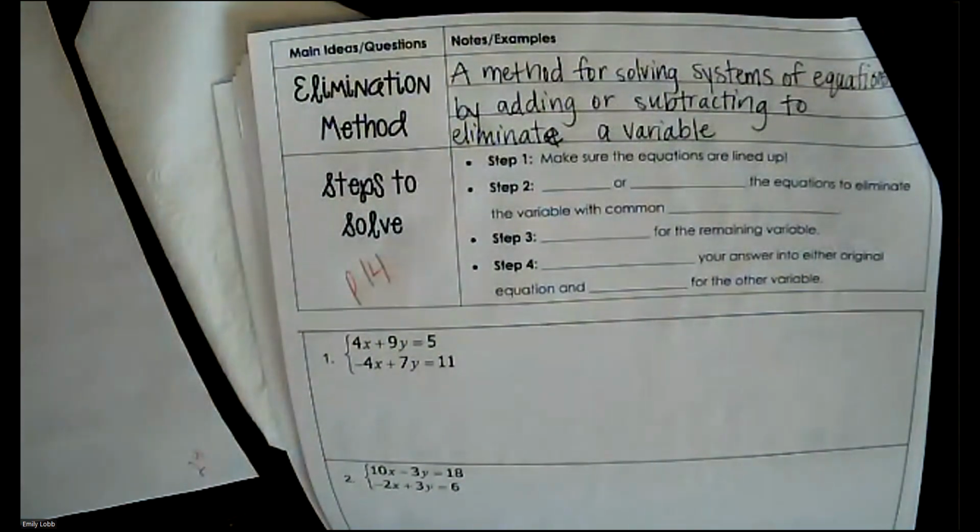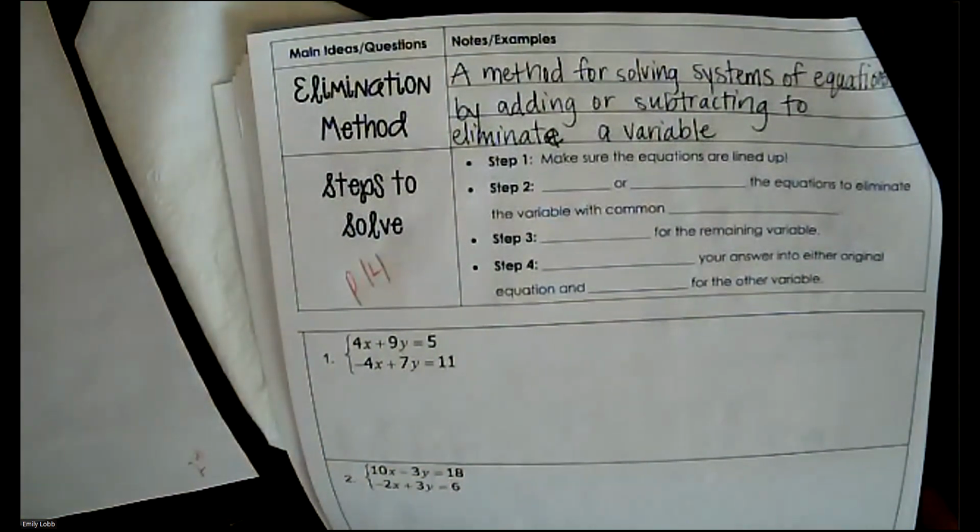We know we can't solve things with 2 different variables. We can only solve things if they have 1 variable.